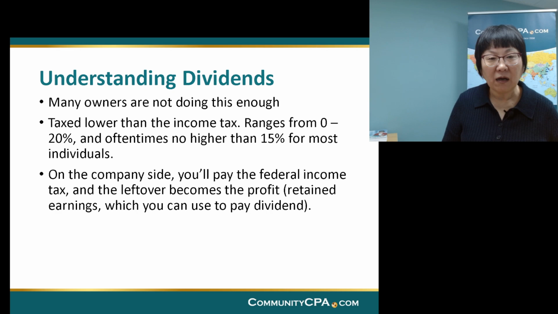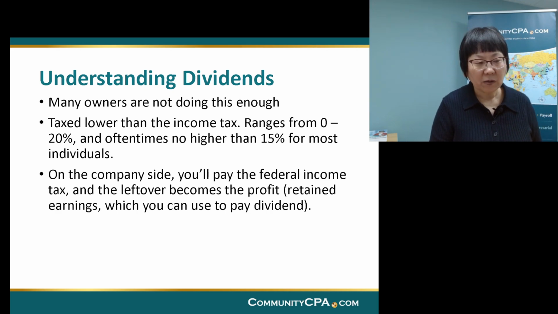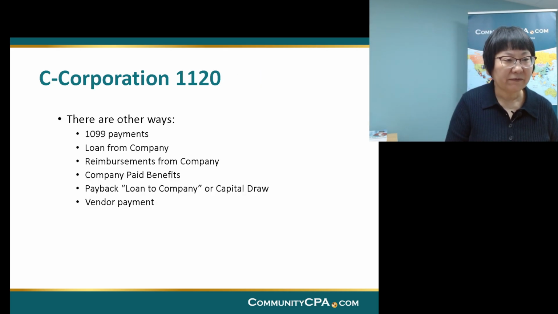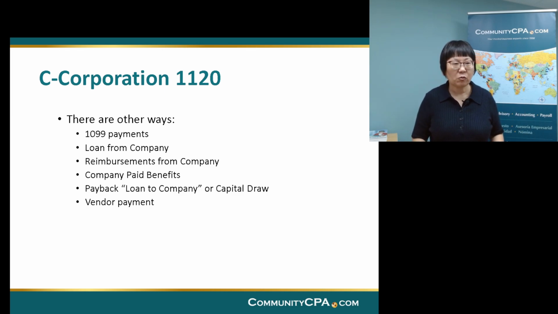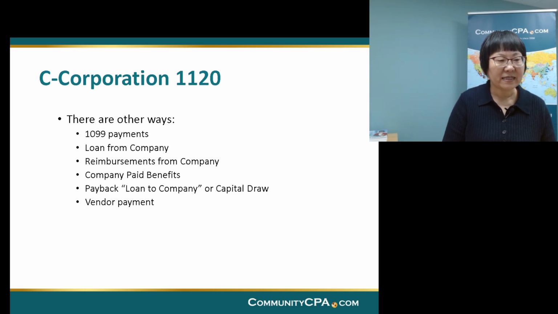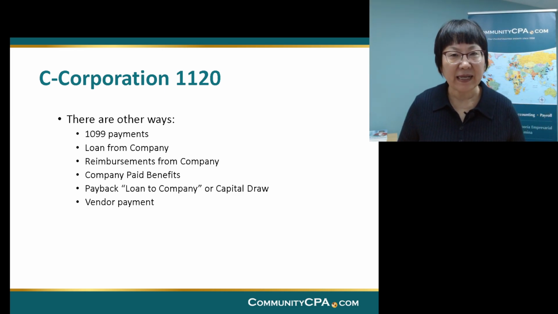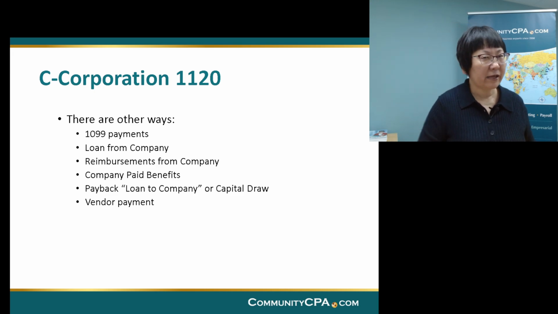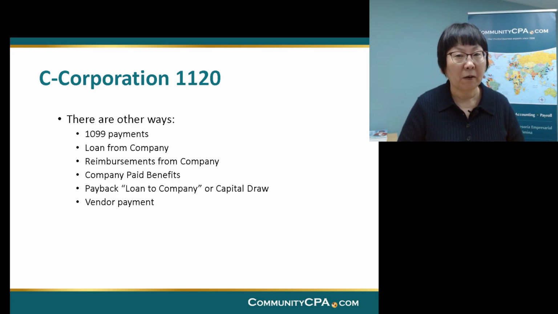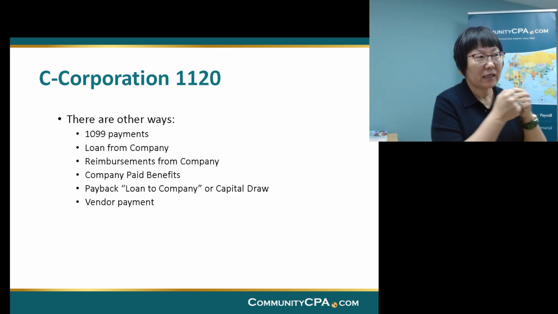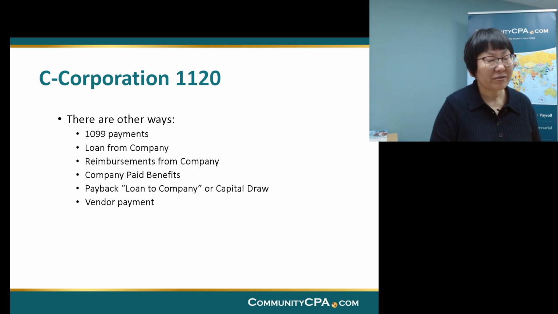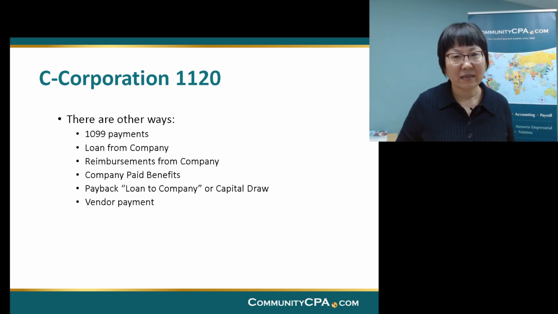All right? Okay. So of course, there are also other ways to get the money out of your C Corp. These are the ways I listed, and you can pay yourself on a 1099 if you are providing different kinds of services on your own. Then you take your 1099 to your 1040 Schedule C. Then you end up paying taxes over there.